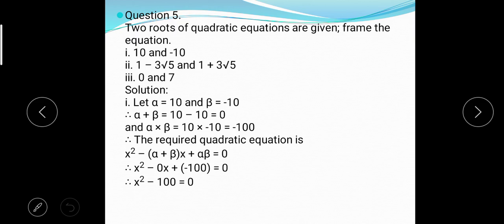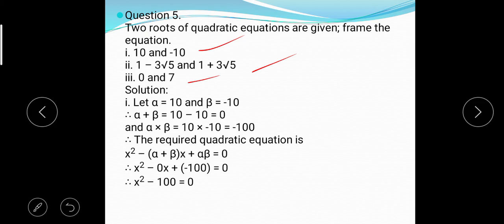Next question. The two roots of a quadratic equation are given. Frame the equation. Alpha is 10 and beta is equal to minus 10.